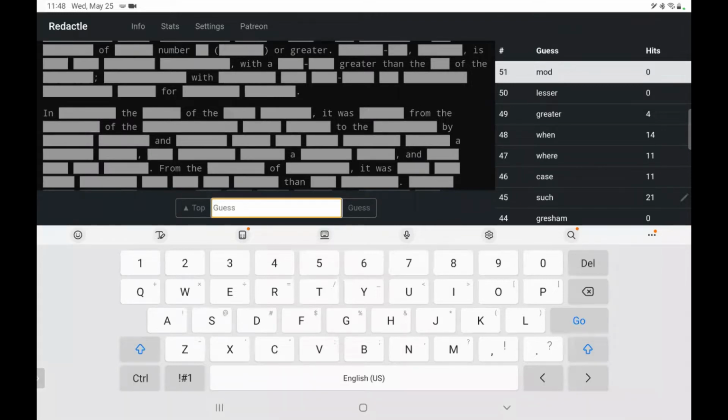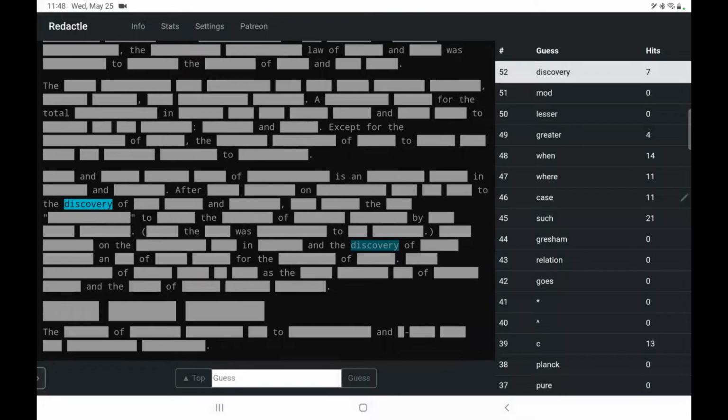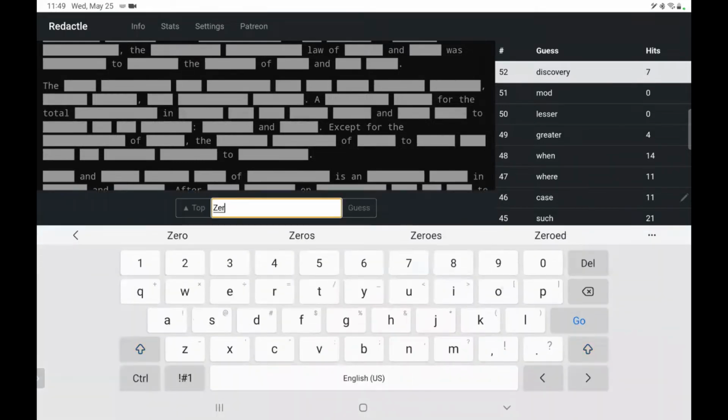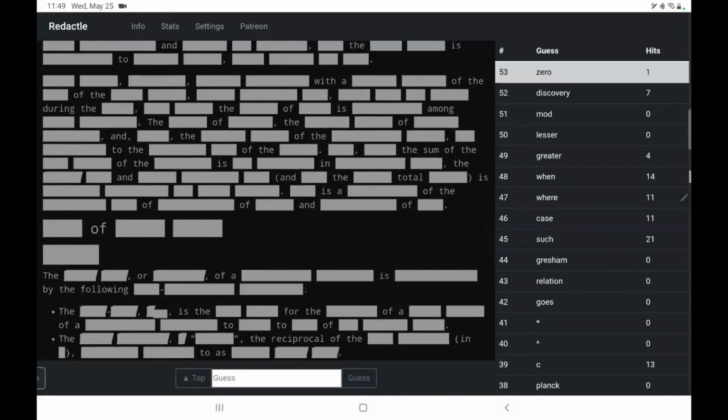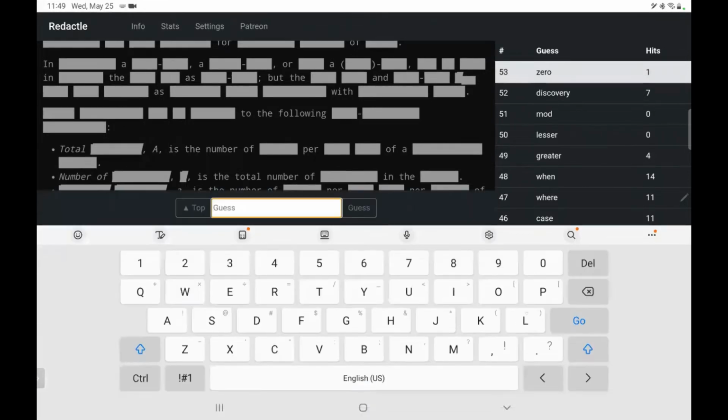It was something from the, let's say, discovery. Oh, we matched it. Zero. I'm trying to think of the calculus terminology. Limit.